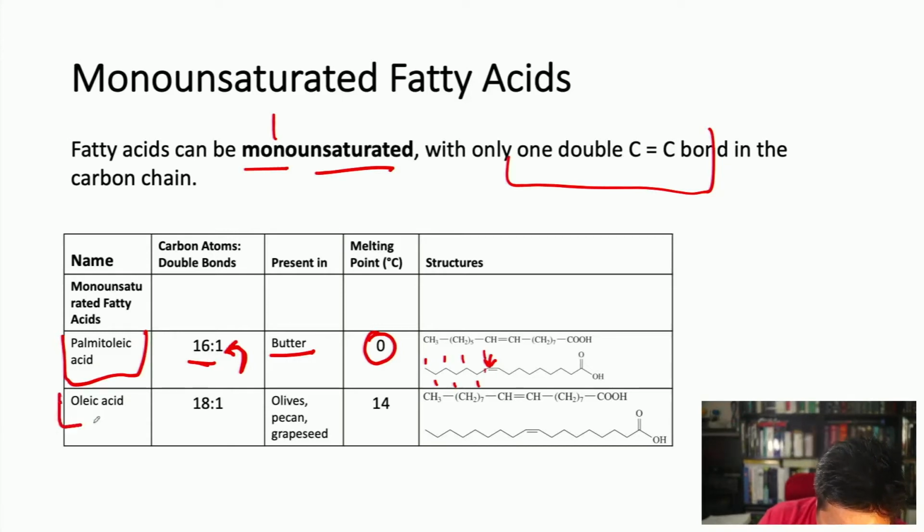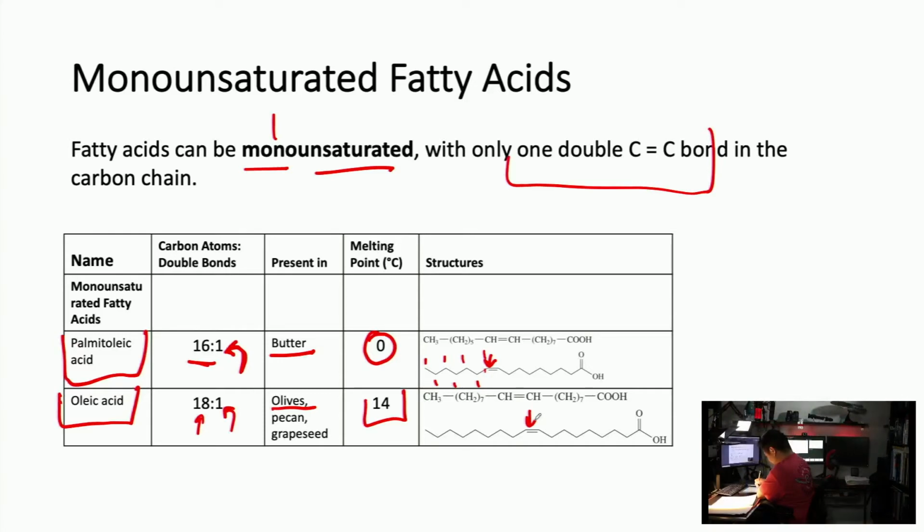Okay, so we got oleic acid. It's got 18 carbons with a single double bond. It's most common in things like olives, so like olive oil. Melting point is 14 degrees, so it is also liquid at room temperature. And there's its double bond there.